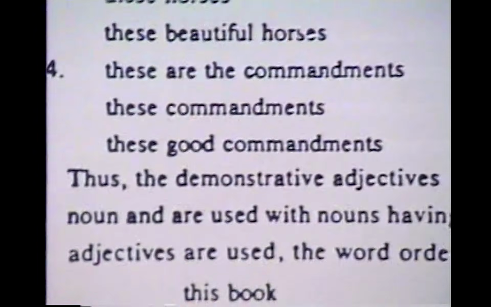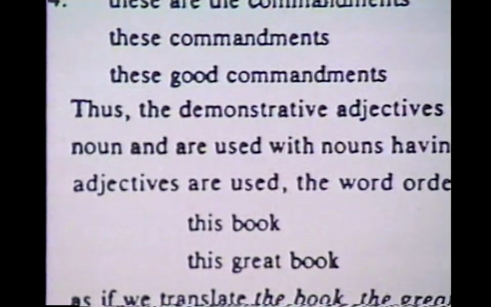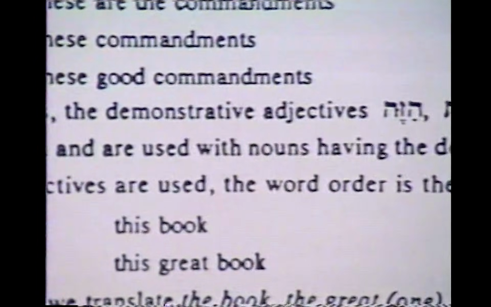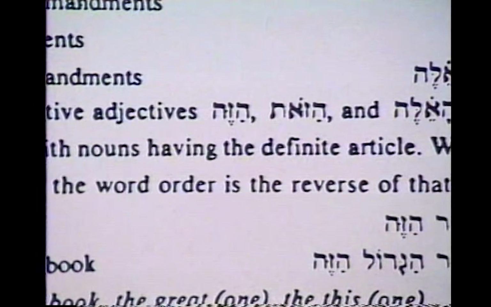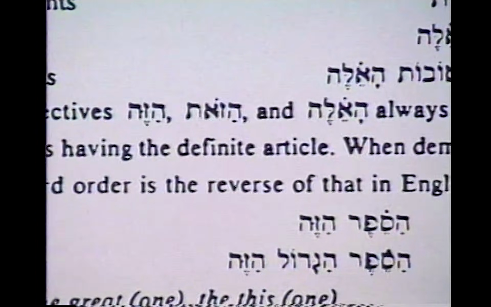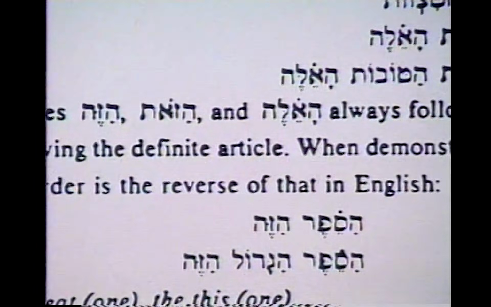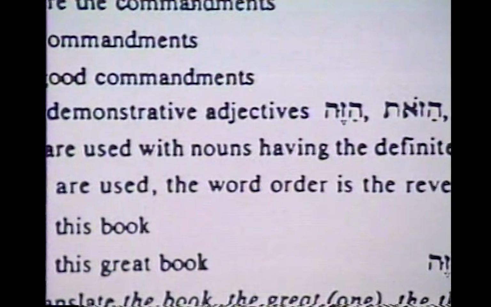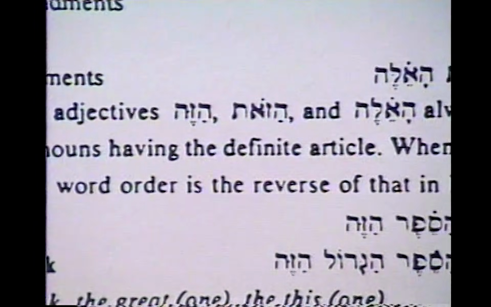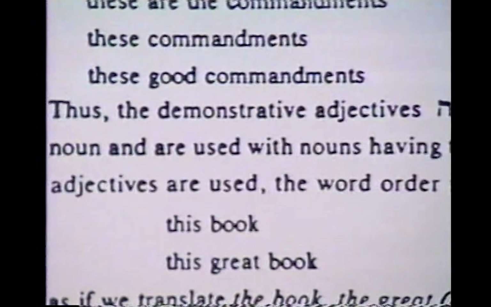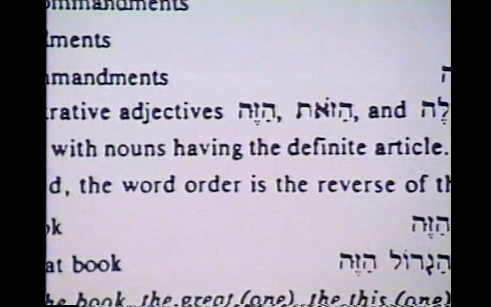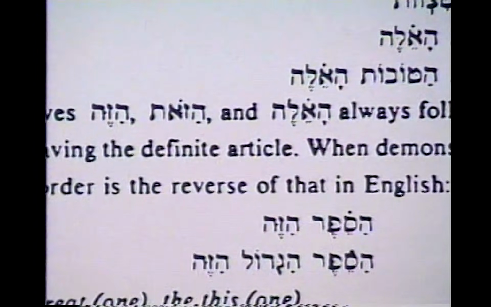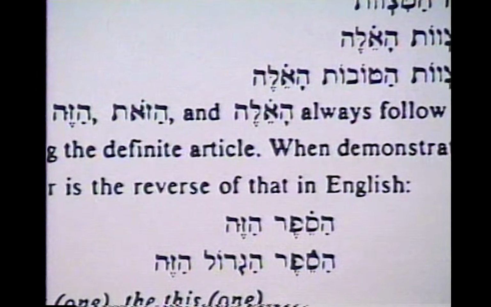Now reading what it says down there, it says, thus the demonstrative adjectives hazeh, hazot, and ha-ele always follow the noun and are used with nouns having the definite article. When demonstrative adjectives are used, the word order is the reverse of that in English.